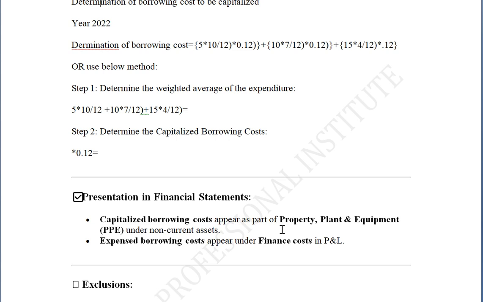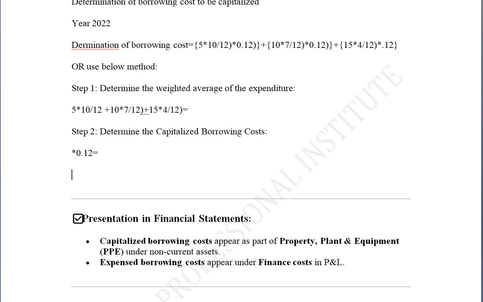Another thing again before we conclude the class is you need to know that whenever you borrow money specifically for a project, that is for the construction or the production of a qualifying asset, there may be some time that we have what we call idle funds. And what does that signify?